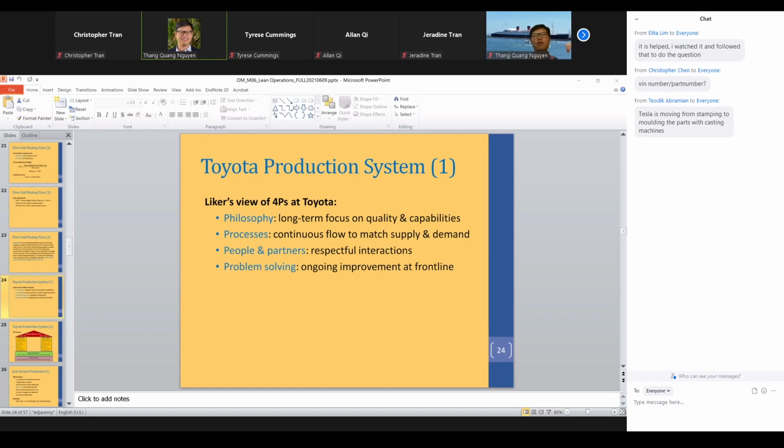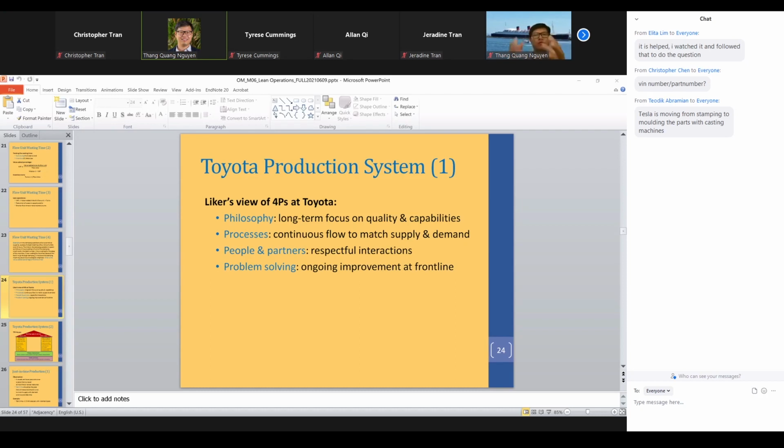And you know what? Not only car manufacturers learn from them, other companies in the services industry also learn from the Toyota production system, right? If you are in the hotel industry or the restaurant industry, you also want to learn from the Toyota production system. Of course, companies are different.